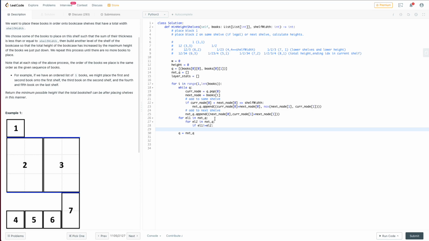Actually, our tuple references, probably not.